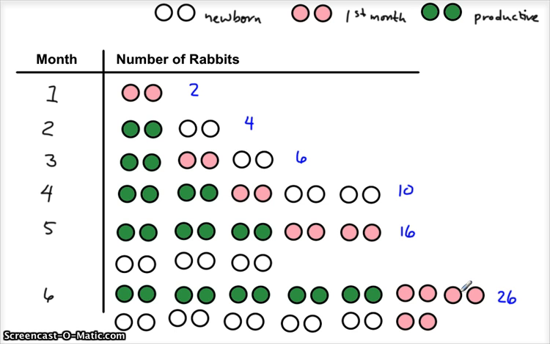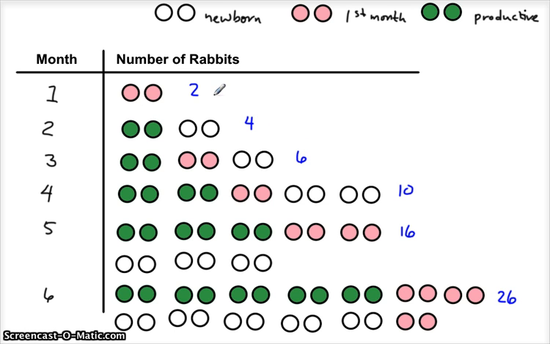Something I'm noticing, and you may have seen the same thing too, is that you have this 26 here and it's preceded by 16 and 10. And if you add those two, you get 26. Perhaps there's something to that. Let's see. So if I look at 16, yeah, if I add 10 and 6, there's my 16. And if I look at 10, hey, there it is again. 4 plus 6 gives us our 10.